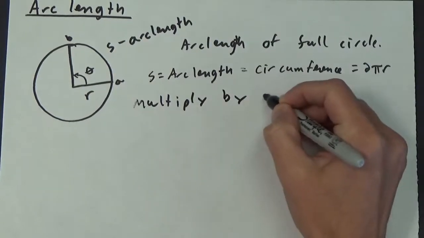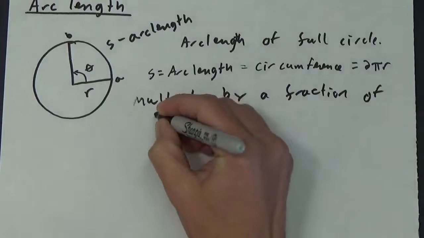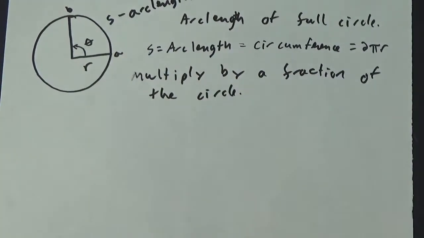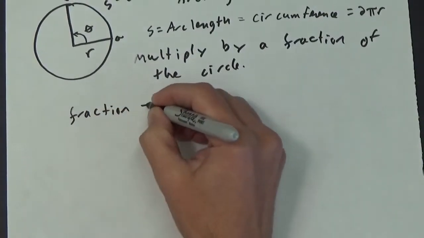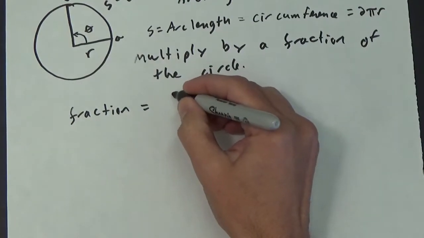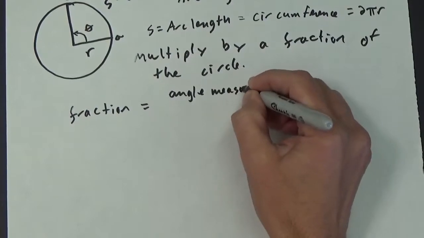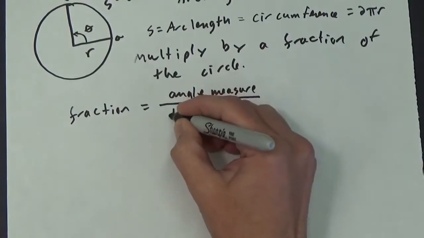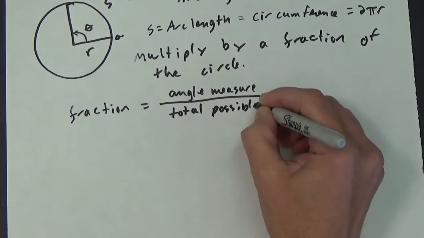multiply by a fraction of the circle. And this fraction is going to be the angle measure over the total possible angle measure.